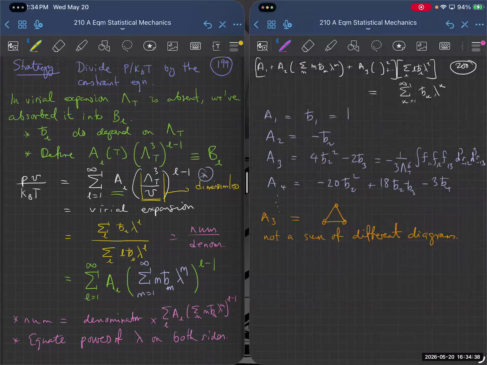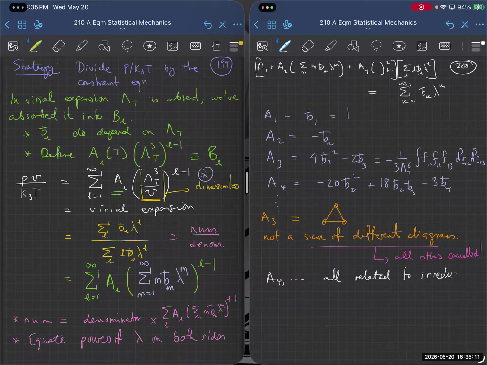In the other diagrams too, all the other ones cancelled, and there's no way you would know that. So in fact, the bottom line is that all these A4s and so on and so forth are all related to so-called irreducible cluster diagrams.